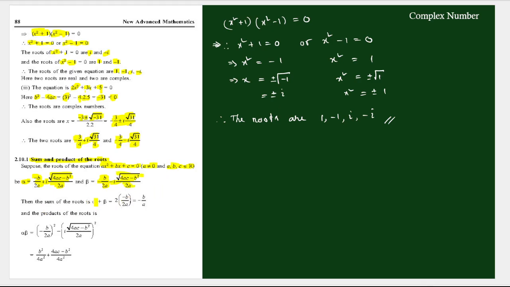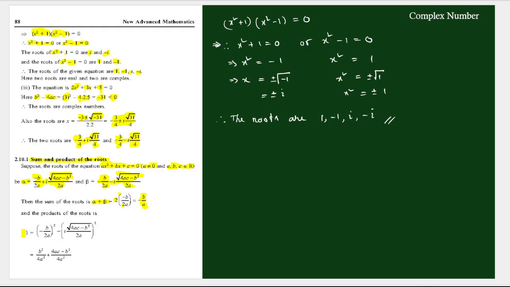Now their sum, alpha plus beta, will be: this is plus i, this is minus i, so that cancels. So 2 times minus b by twice a, so 2 cancels, minus b by a, just same as for the real one.